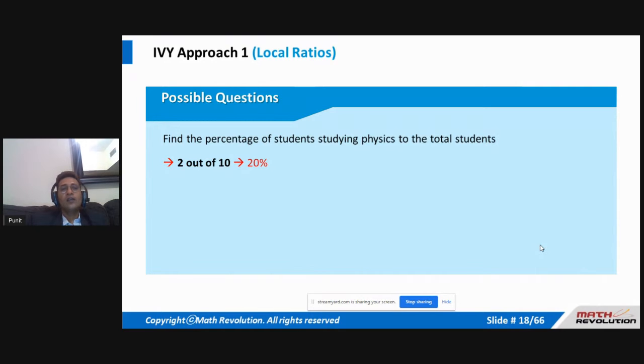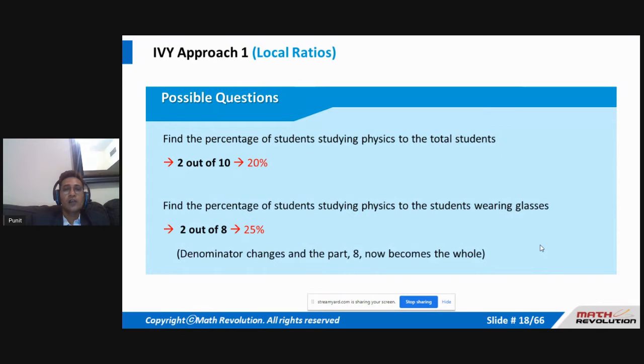The number of students studying physics is 2, and the total students are 10, since we had 2 plus 6 plus 2. So 2 over 10 becomes 1 over 5. Since I have to convert that into a percentage, I multiply by 100. So 1/5 of 100 is 20%. That's where I get my answer.